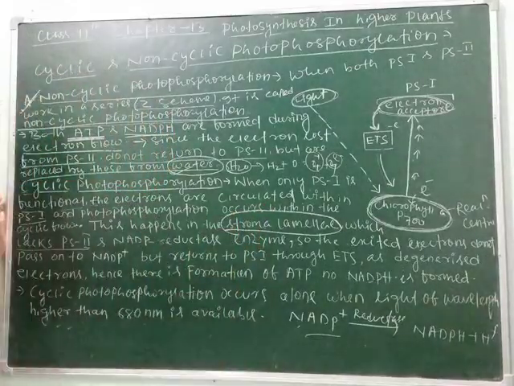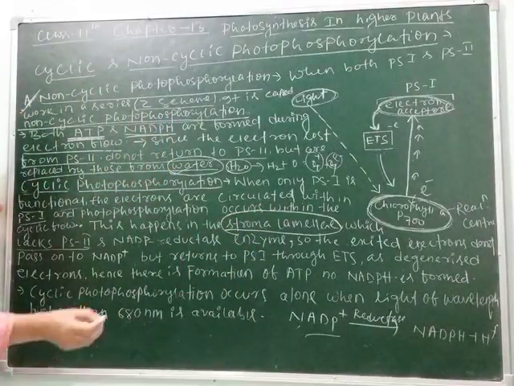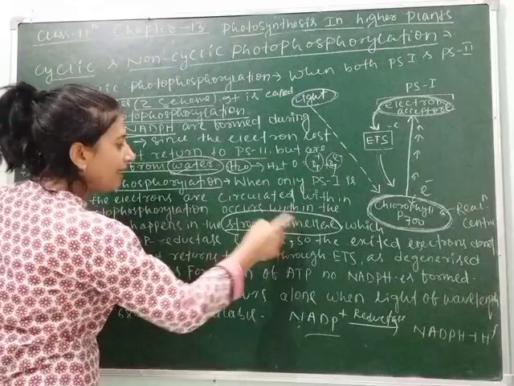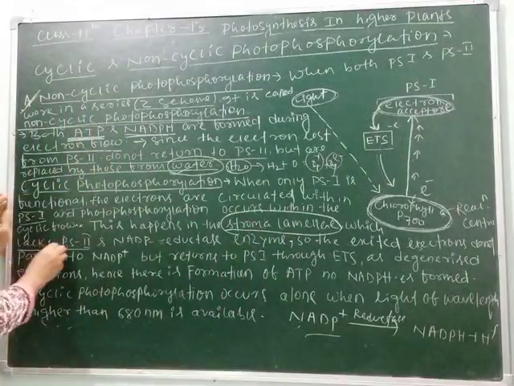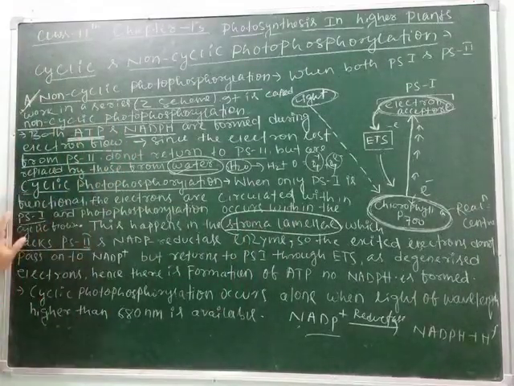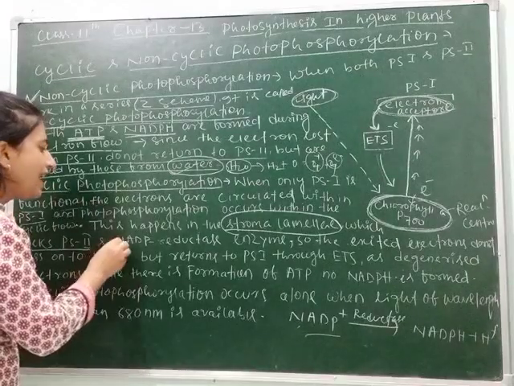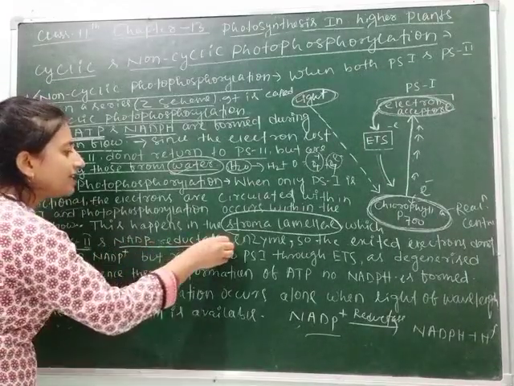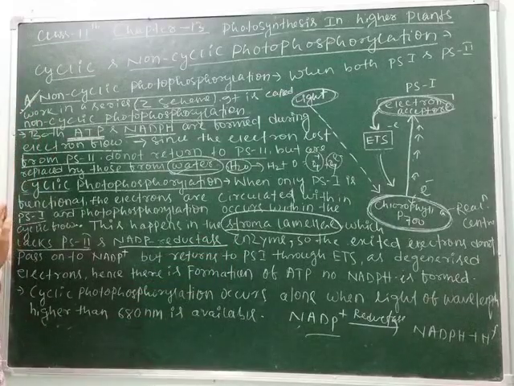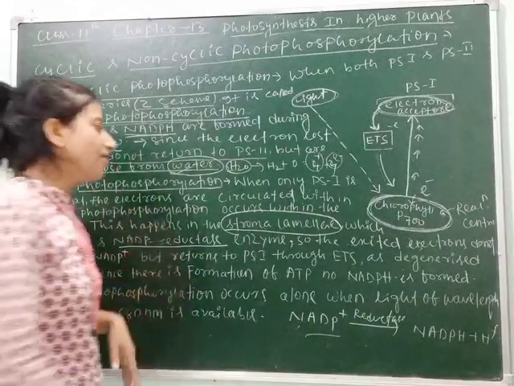You can compare the non-cyclic or Z-scheme photophosphorylation. So here stroma lamella lacks PS2, means in stroma lamella PS2 is not present and NADP reductase enzyme is also not present. So due to this, what happens?